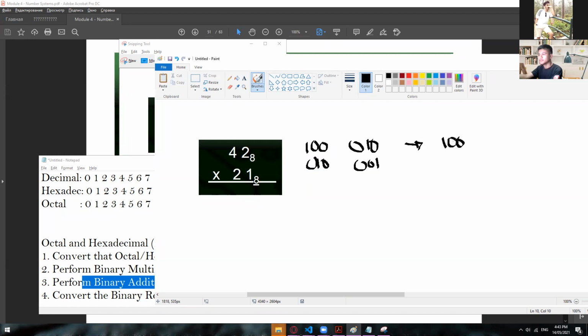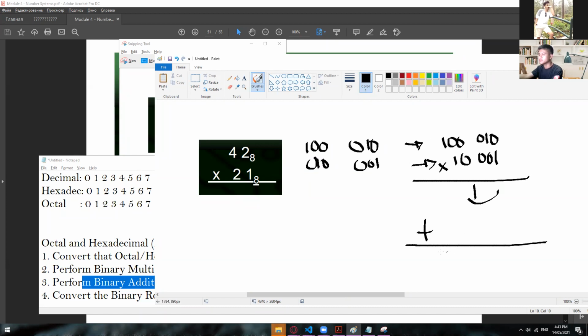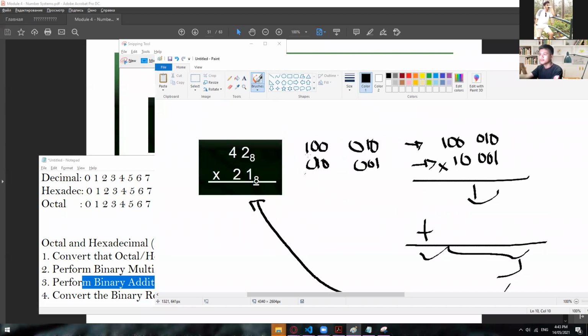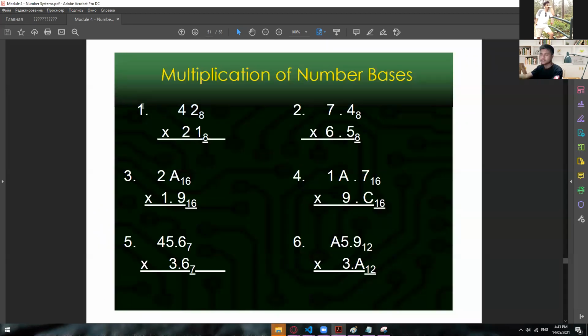This one can be transformed into 10001. Okay. And then from here, you're gonna perform multiplication and then addition. And then convert this one again, let's say by every 3 bit for you to be able to get the octal value. All right. So yeah, that's how you perform multiplication when it comes to octal, n base, hexadecimal, and so on and so forth.